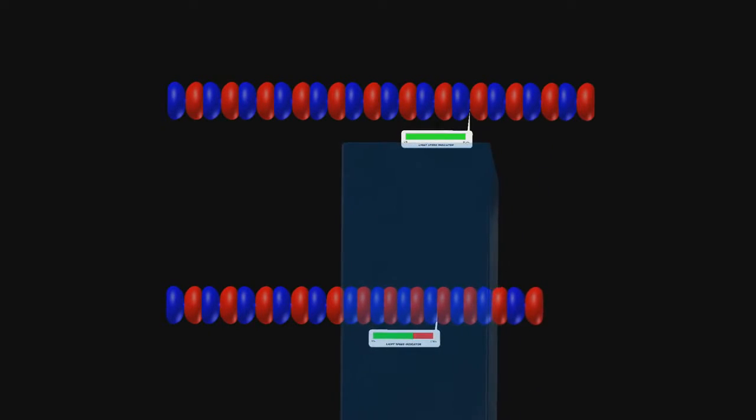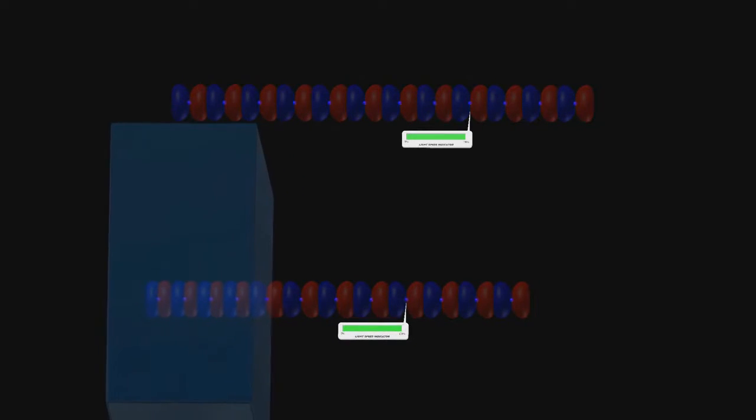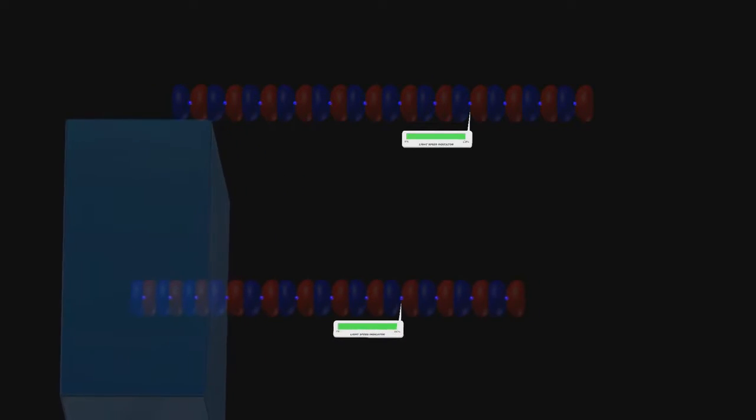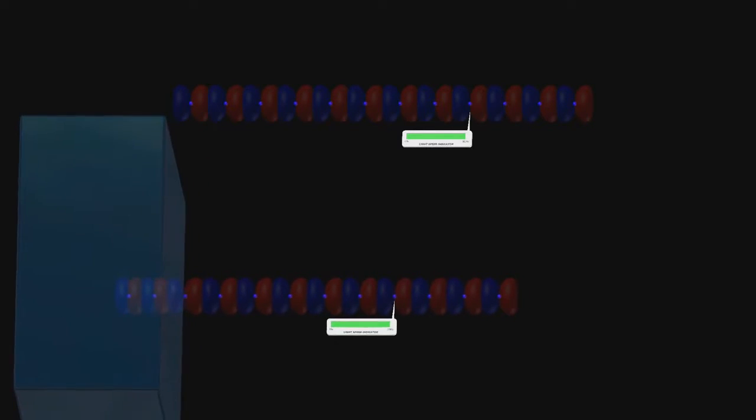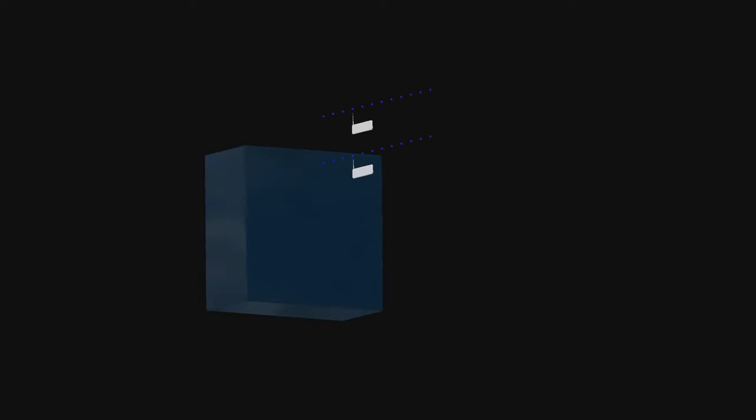Then as they exit the glass, the compressed fields rebound and push the photons away from the glass, thereby re-accelerating the photons back to full light speed. Let's have another race between rows of photons.